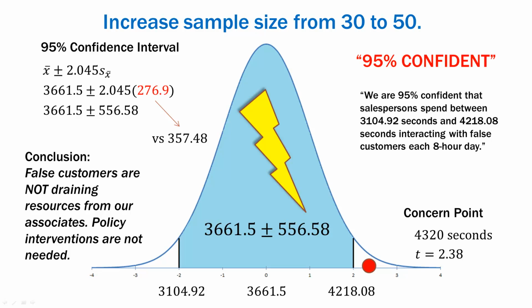And the only reason that happened is because the higher sample size decreased our standard error, narrowed our interval, and actually you can think of it as it became more representative of the overall population. There was less error in it, so it shrank, it narrowed around the mean.